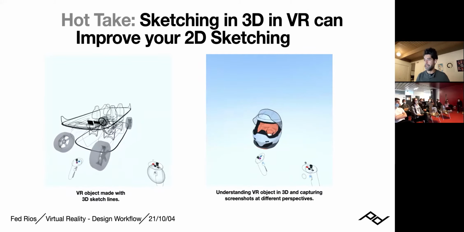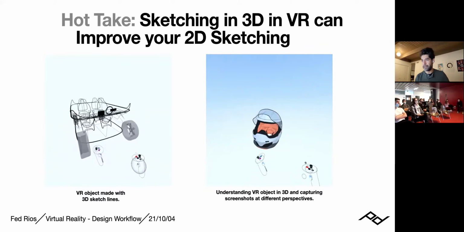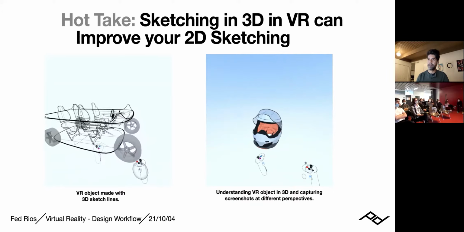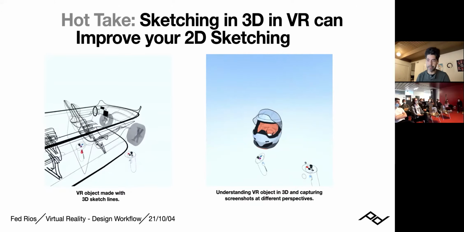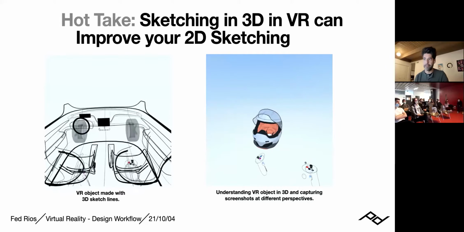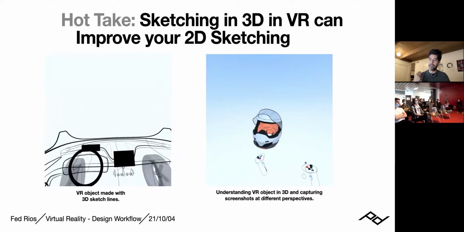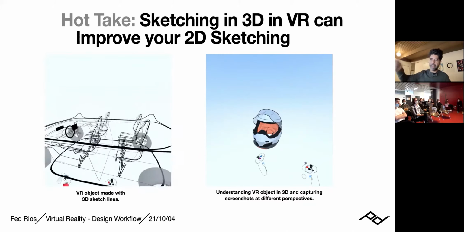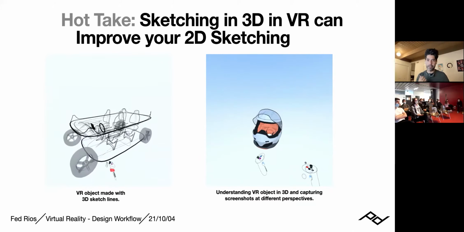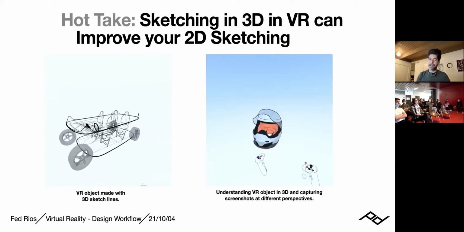Another thing I want to say is that working in 3D sketching will improve your 2D sketching as well. That's something I've noticed that a lot of other designers share. Why does this happen? The more you can plot lines in space and discover and define this form as you go, you can just get a mental image of this thing in many different directions.